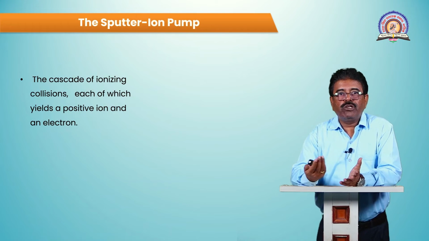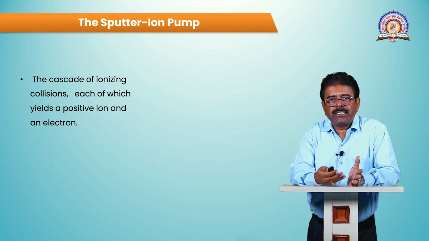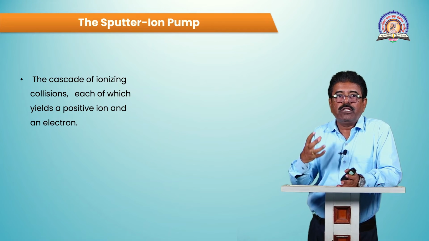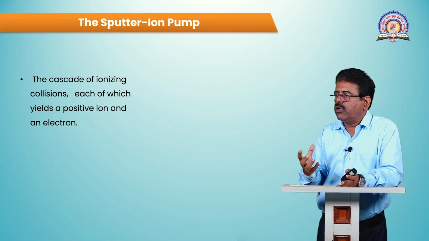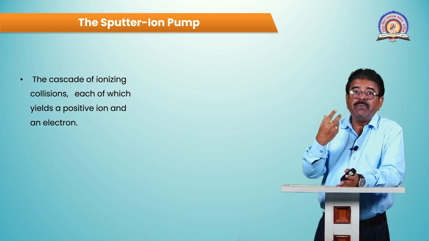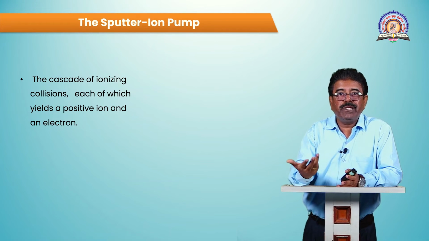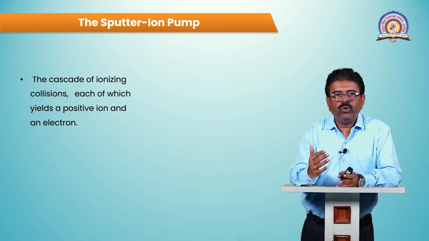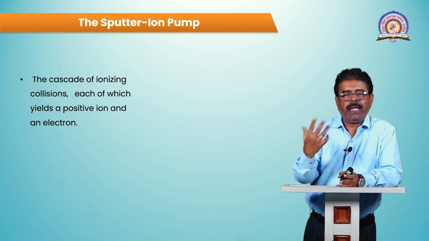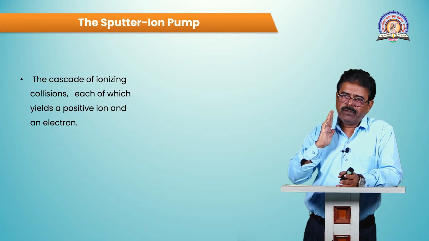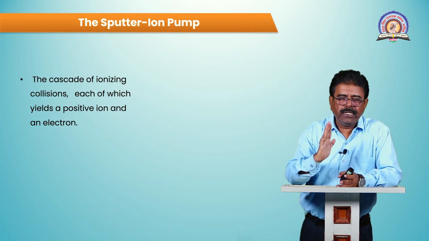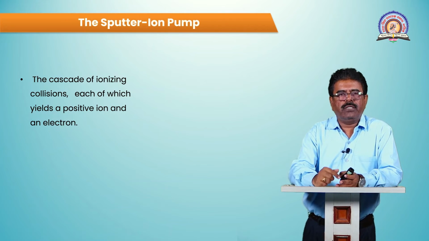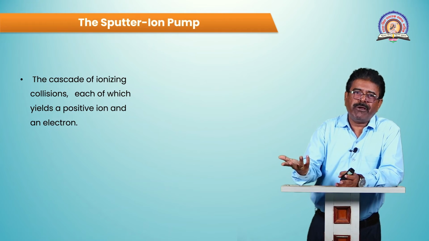What will happen because of this? A cascade of ionizing collisions. While spiraling, this electron will collide with gas molecules which meet it in its path. Each of these collisions will yield a positive ion and an electron. You know that when a high momentum electron strikes a gas molecule, there will be ionization.